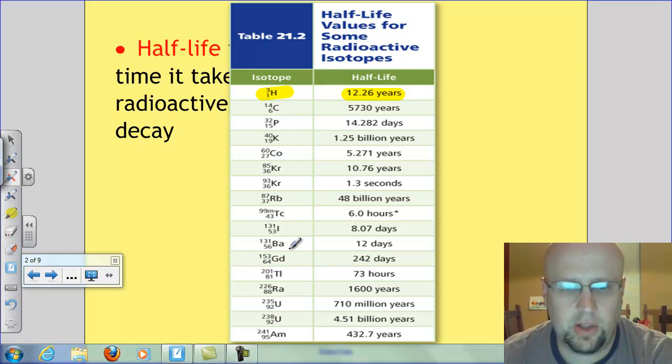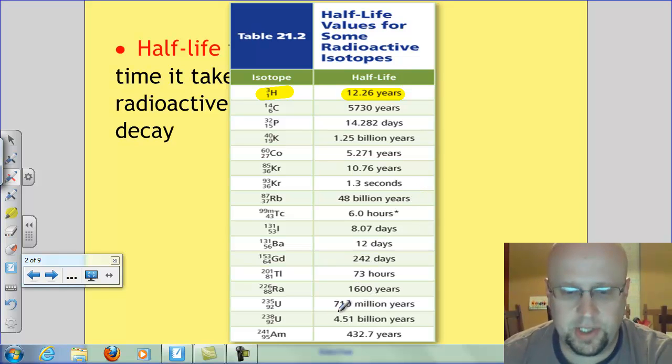And so we see a lot of different half-lives here for a lot of different isotopes. This is by no means an exhaustive or really long list. This is just a few common ones. You see that some of these have an incredibly long one. So 48 billion years. Obviously, we haven't even had 48 billion years of time yet, so that's obviously an estimate.